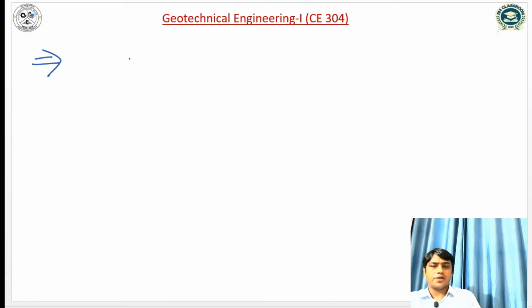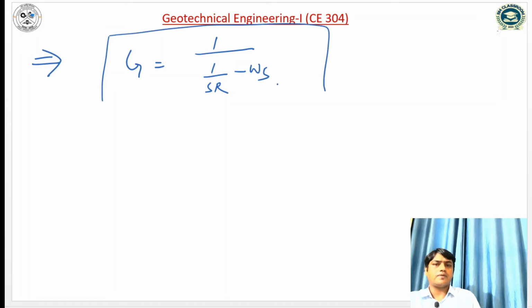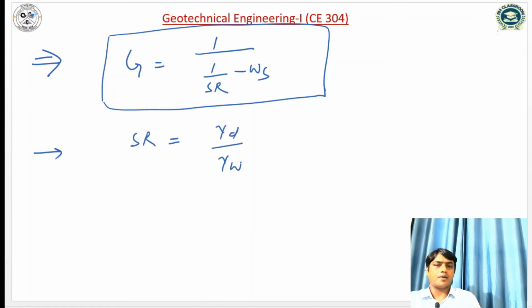There is another very important relationship: we can write G is equal to 1 divided by (1/SR - Ws). So this is also a very important relationship. Another relationship, shrinkage ratio is equal to γD divided by γW.